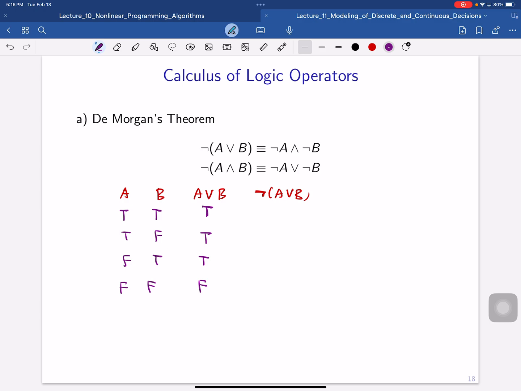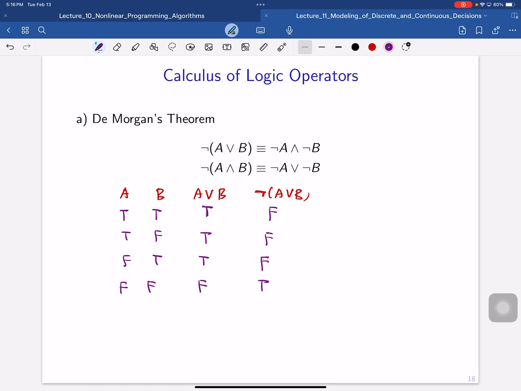And the negation of A or B is just you take the negation of this column, right? That will be nothing but false, false, false, true. Okay.